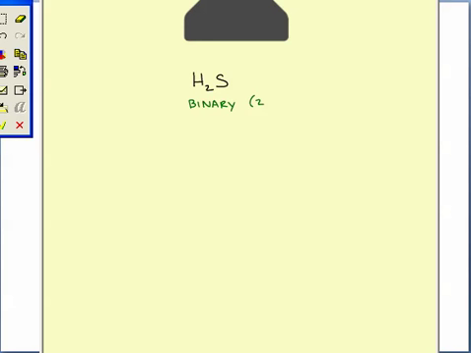It has two elements, hydrogen and another element. So binaries always begin with hydro. They have the root name and they end in -ic. So hydrosulfuric acid is the name of this.